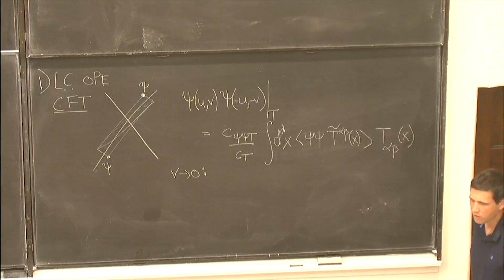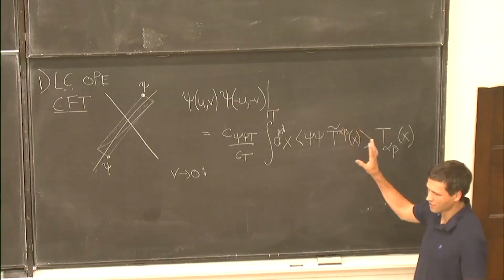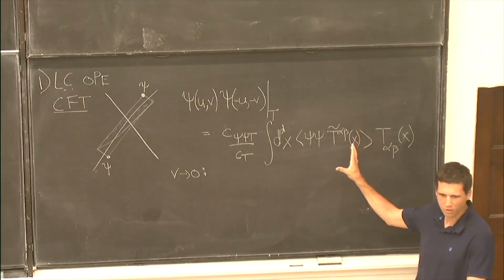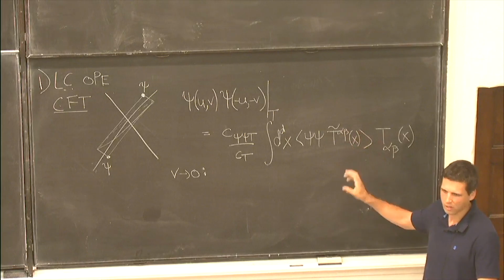So there's 2 things that you have to check to be sure that you got the right answer. One is that it makes sense conformally in terms of conformal invariance, and the other is that it has the right singularity. In this case, it obviously has the right conformal transformation properties, so we only need to worry about it having the right singularity.